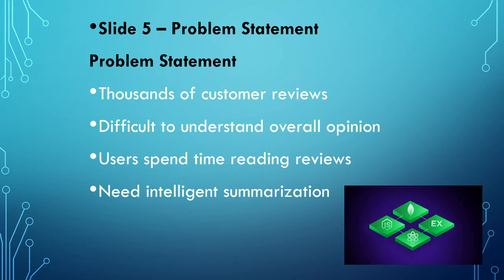So for these things, what the user usually does is just go through the reviews and check each review to decide whether they should go for it or not. So in order to solve this problem, I integrated an AI review analysis system that automatically analyzes all the customer reviews and generates a concise summary.